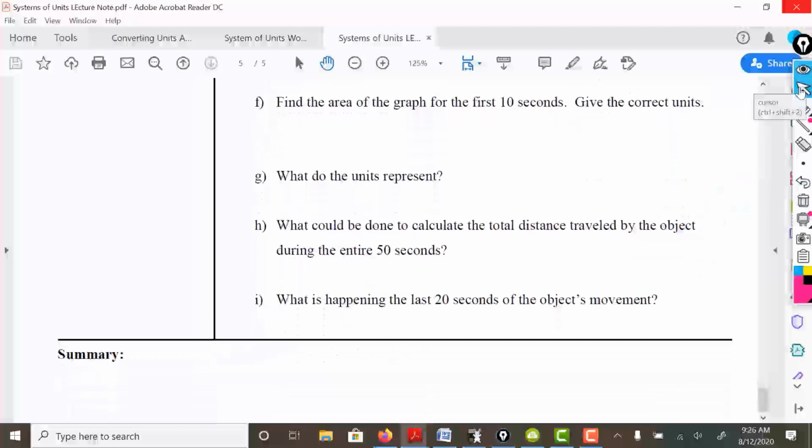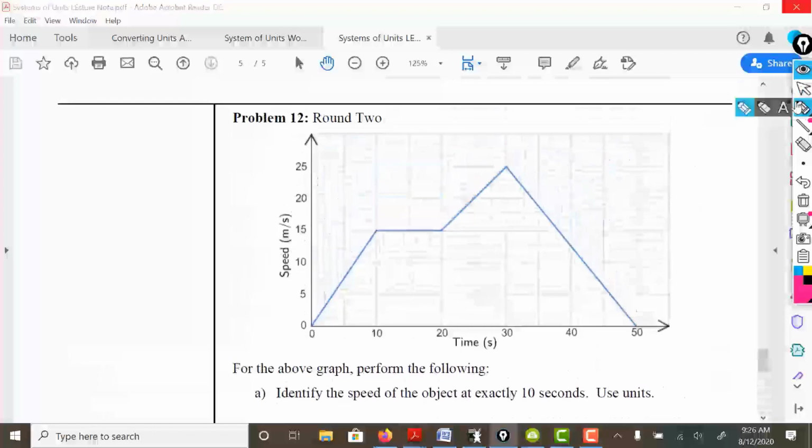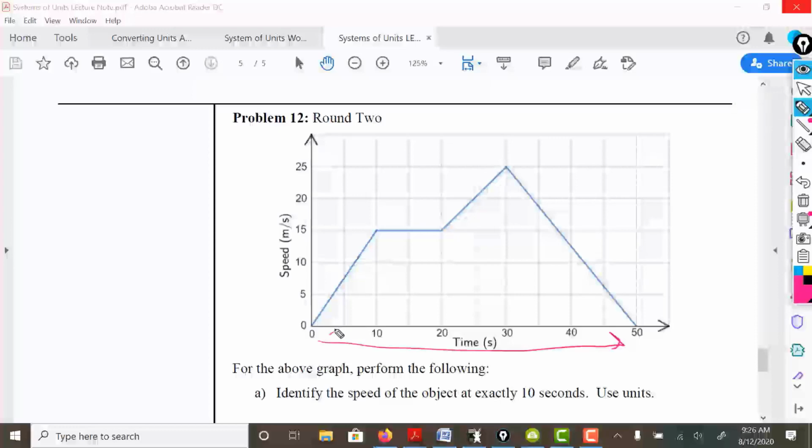If I wanted to calculate the total distance traveled by the object the entire 50 seconds, what would I do? I hope you said you would find the area of this whole shape. We showed you an example of finding the first 10.